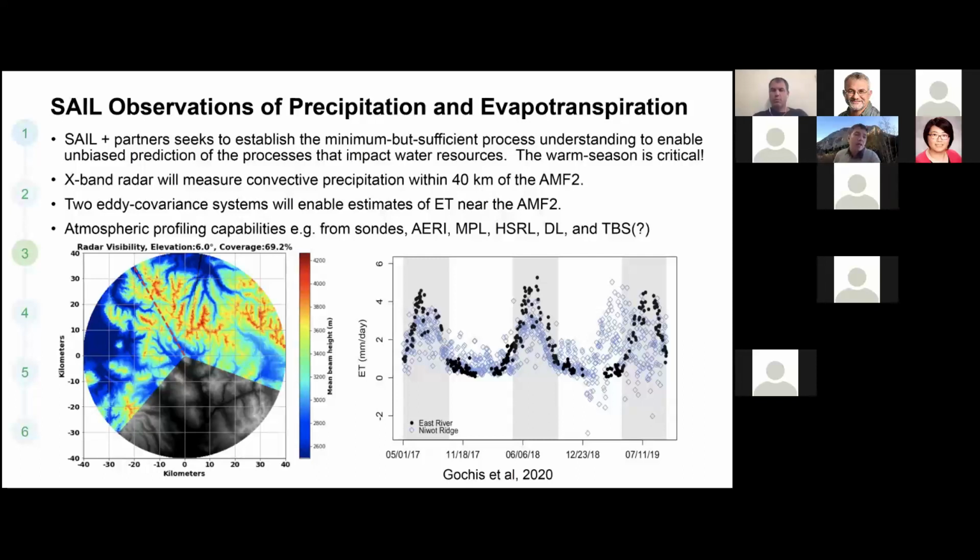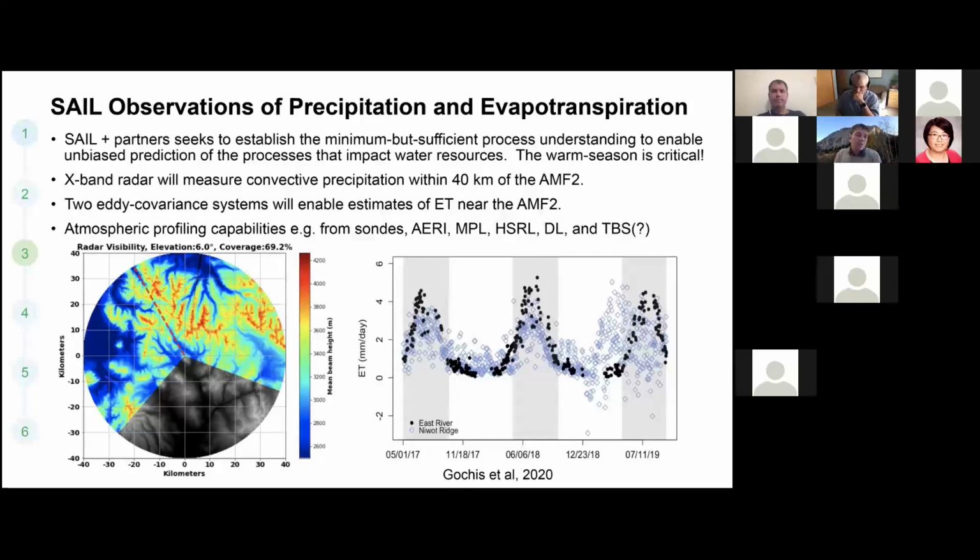And we're also going to have 2 eddy covariance systems that will enable estimates of evapotranspiration near the AMF2, and we are looking to have some other eddy covariance system measurements, and we've been in discussions with, for example, the AmeriFlux rapid response system to try to site that in the area.